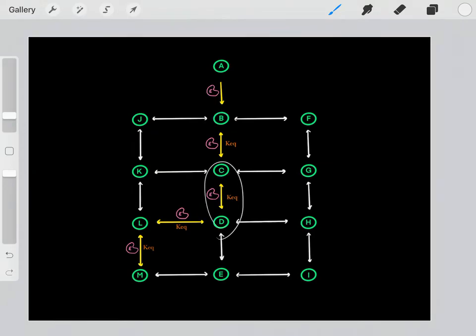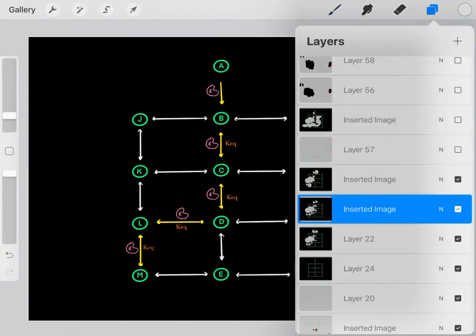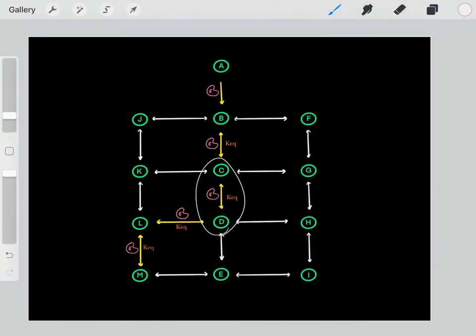And the same thing with this reaction. The concentration of C relative to the concentration of D are at equilibrium concentrations, so this reaction is at equilibrium. And this reaction is also at equilibrium. So most reactions in any metabolic pathway are at equilibrium concentrations.